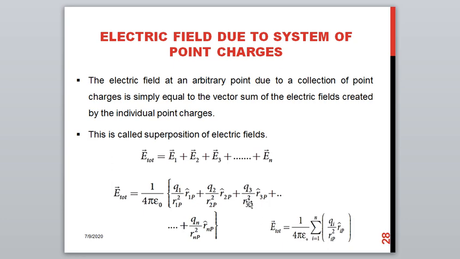Here P represents the test point charge. R1 is the distance between the charge Q1 and the test charge at point P, and similarly for all the other values.